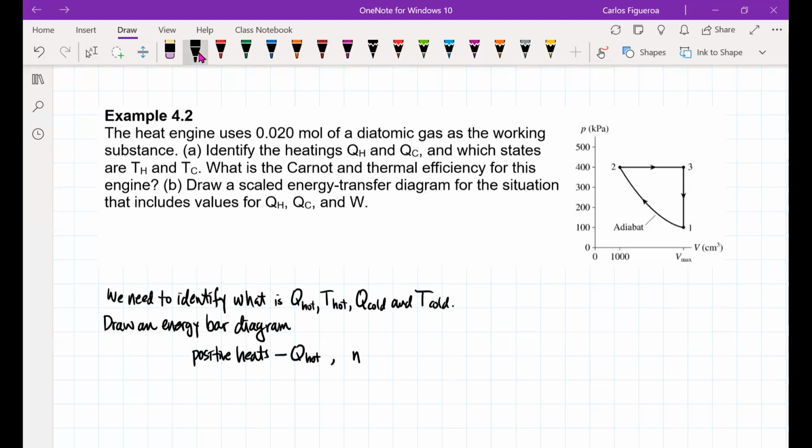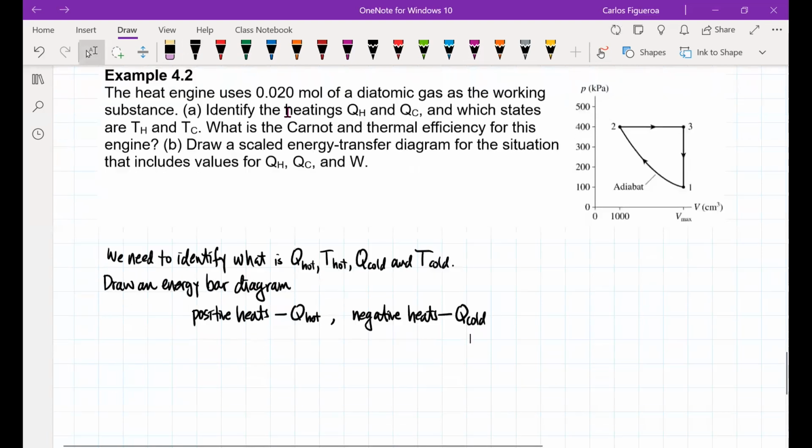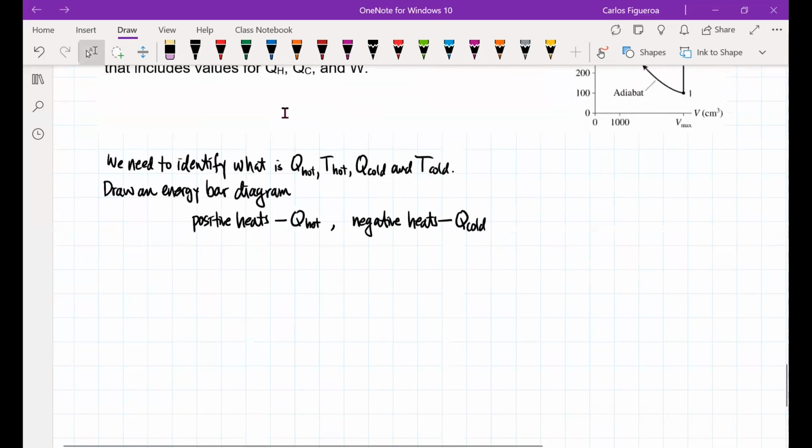If I have negative heats, that means that's the heat being ejected out of this cycle here. So let's go look at the cycle here now.